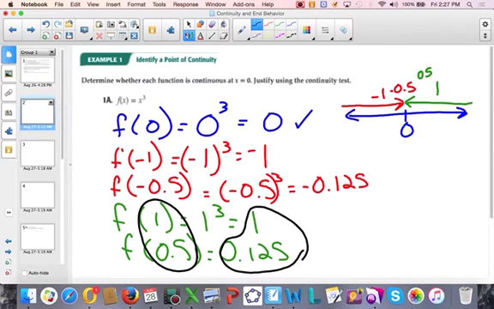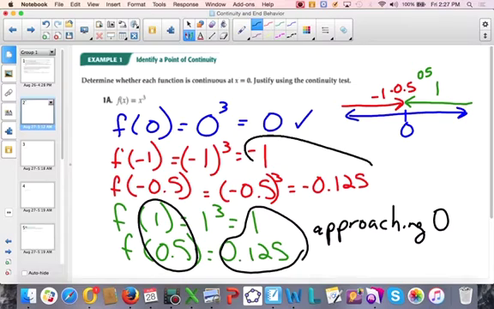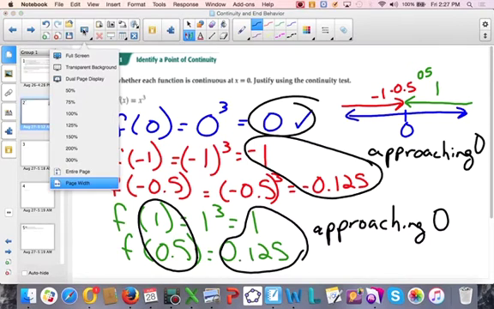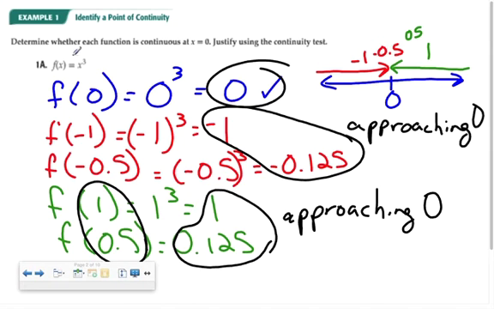And since these are approaching 0, and these are approaching 0, and this is 0, that means that the function is continuous at f of 0.